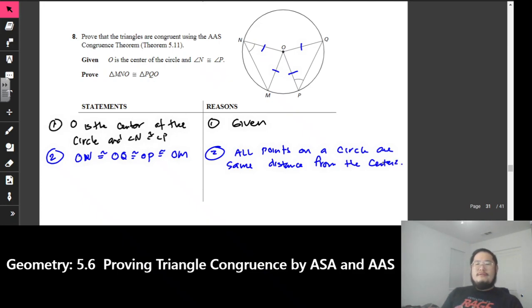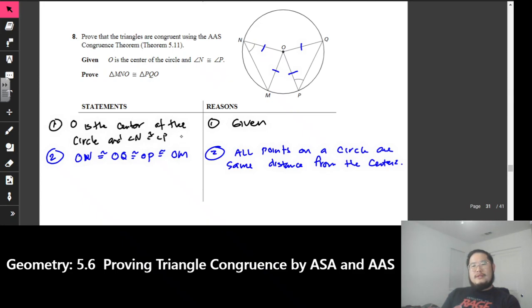Maybe we could use definition of a radius, because that's what they are. But if we want to be a little more detailed for the person reading the reason, we could say that these segments are all equidistant from the center to the outer part of the circle. All right, so we've got that down.